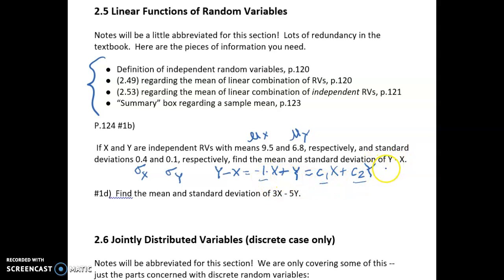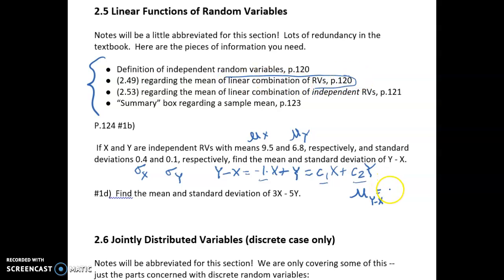All right, so if we wanted to find the mean of Y minus X, you should be looking at the formula that you wrote down from page 120.